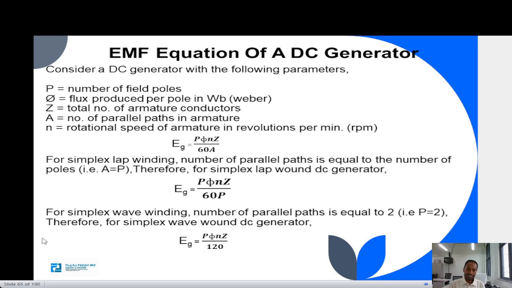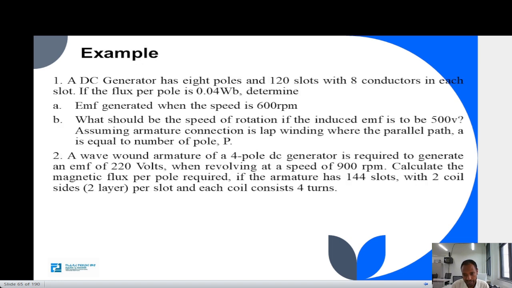But if the winding of our armature is a simplex wave winding, A is always 2. So we can represent A by 2, then the equation remains the same: P phi N Z by 120. The difference is the winding on the machine.